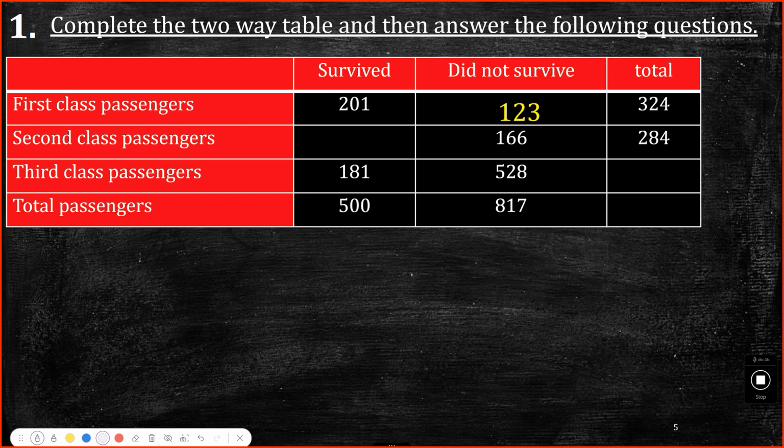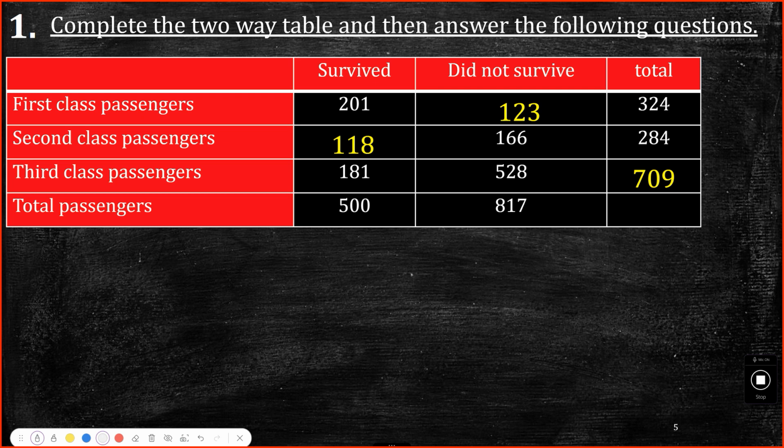If we know how many did not survive, we have a total 118. Third class passengers total. How many were there total, third class? 600 and what?